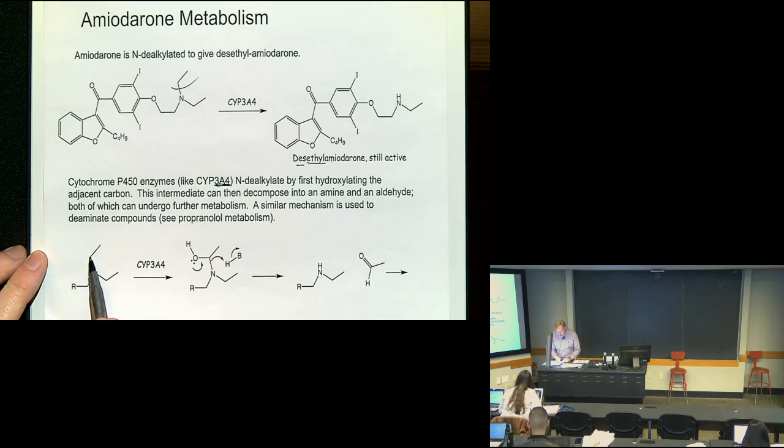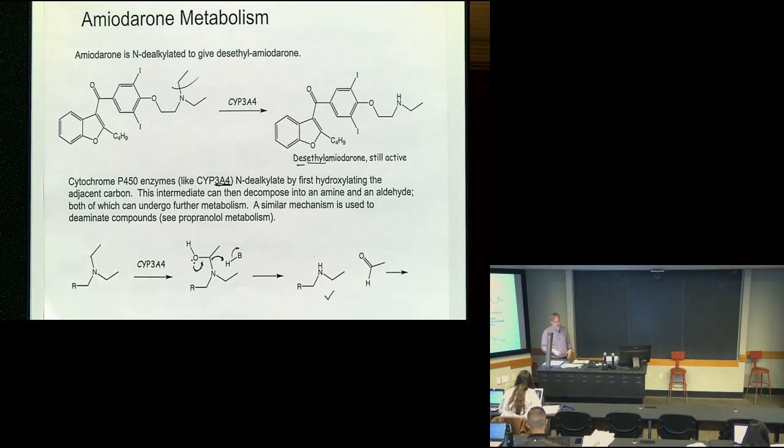You get oxidation of the adjacent carbon here, then the electrons come in and treat that nitrogen as a leaving group to break that C-N bond and release your ethyl group as this oxidized aldehyde version of that, which then undergoes further oxidation in metabolism.